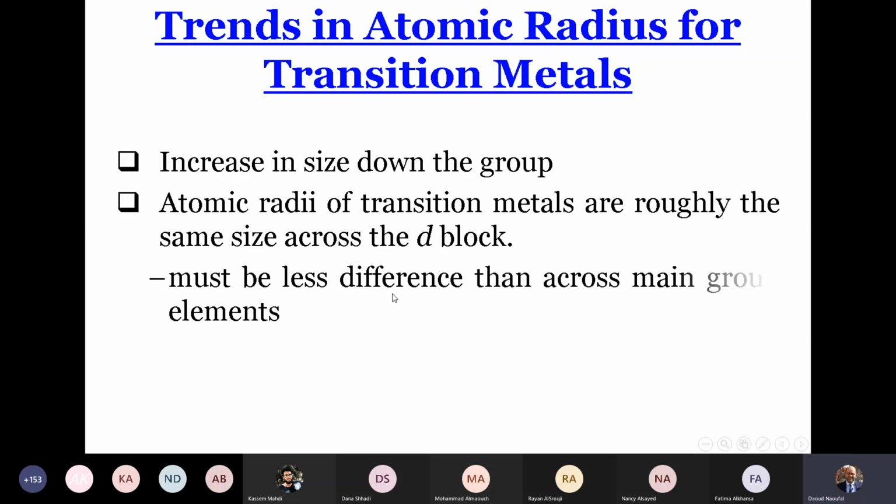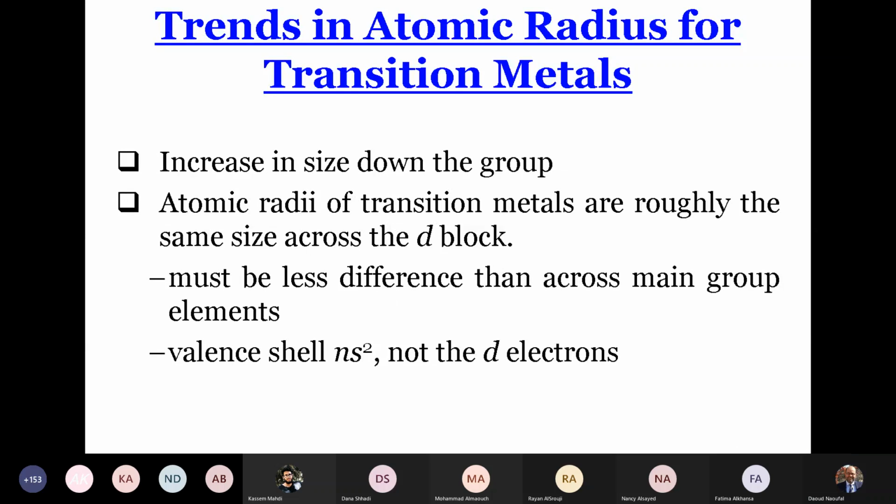For transition metals, the atomic size increases down the group. So in the same column, the atomic size of transition metals increases from up to down. Now in the same row, the atomic radius of transition metals is practically the same across the D block.